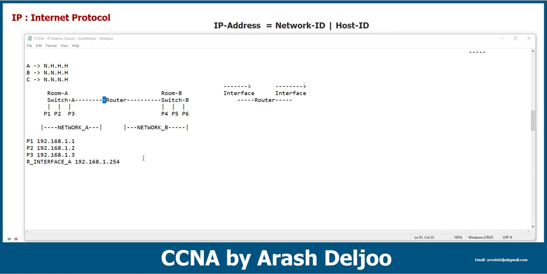Also for PC3 or PC4, in the other network, let me use other IP addresses, 192.168.2.1. Why? Because PC4 now is residing in room B, and we need to use a different network ID for the PCs in room B.